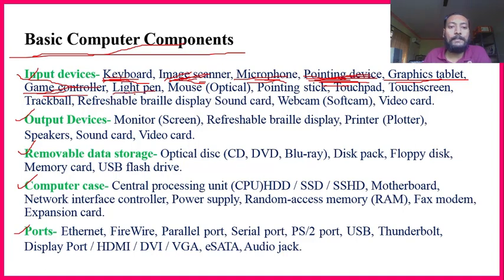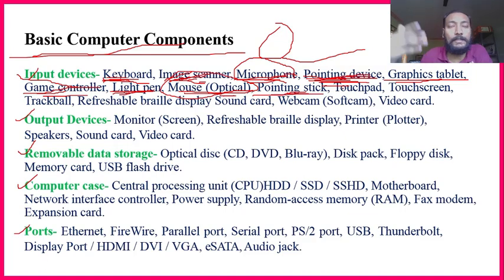Light pen will be there to highlight. Mouse, different types of mouse, optical or non-optical. Then pointing sticks, I am pointing some points like this. During a presentation, the person will be holding a stick. I think you have experienced it if you go a little back.